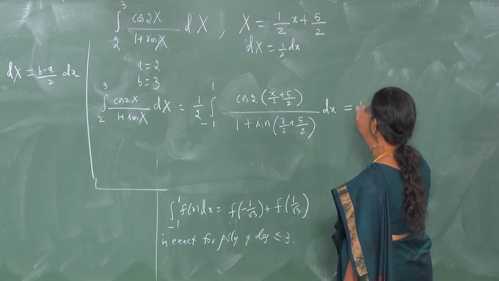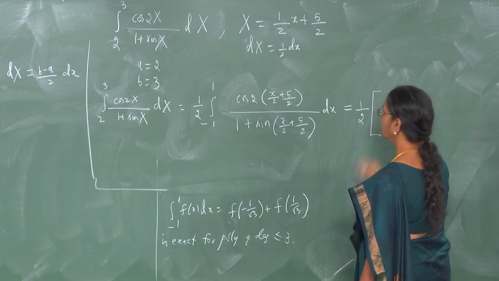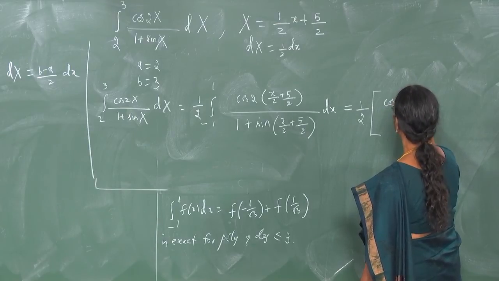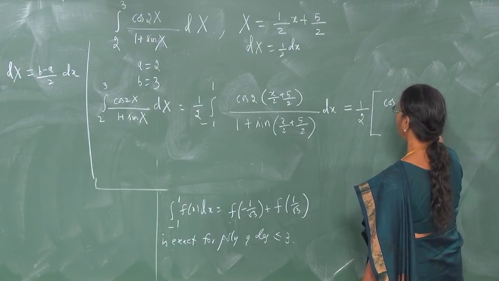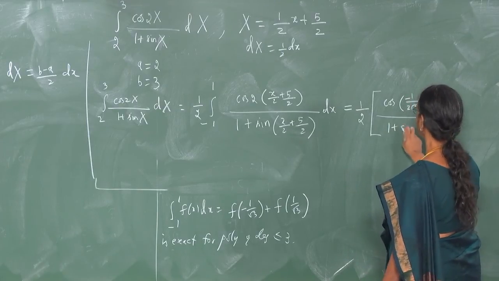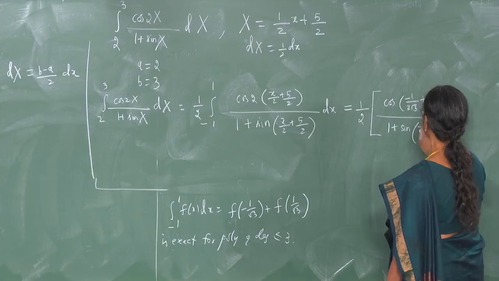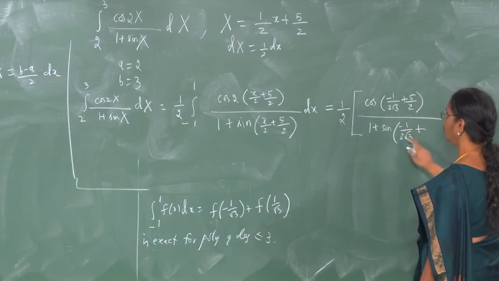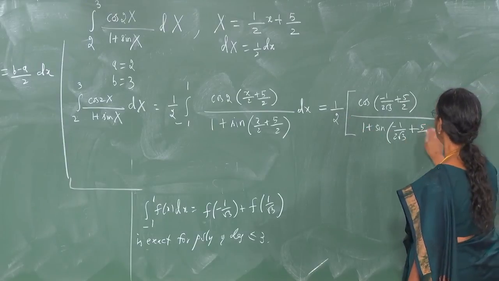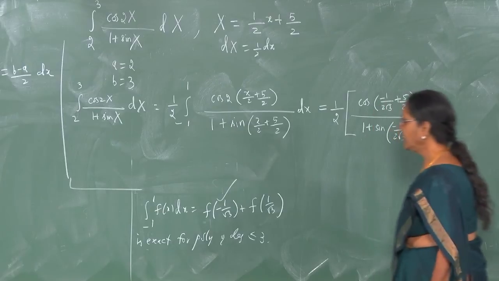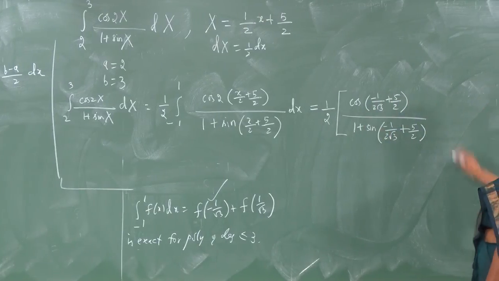So, the integral will give you half of cos of x, which is minus 1 by root 3 divided by 1 plus sin of x at x is equal to minus 1 by root 3. So, minus 1 by 2 root 3 plus 5 by 2. So, we have evaluated f at minus 1 by root 3.